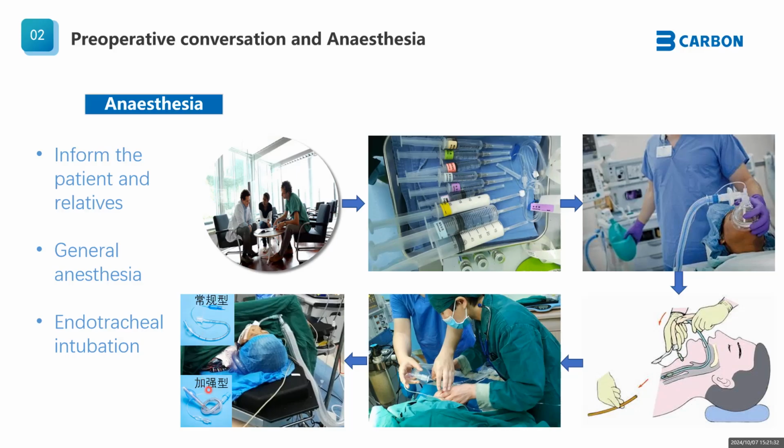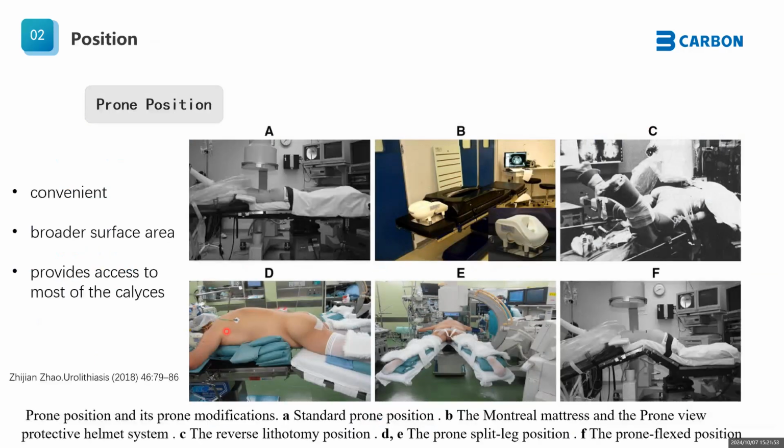The enhanced type is appropriate for the prone position PCNL, but for the supine position, you can also use the average type tube. It's also good, so it's okay.